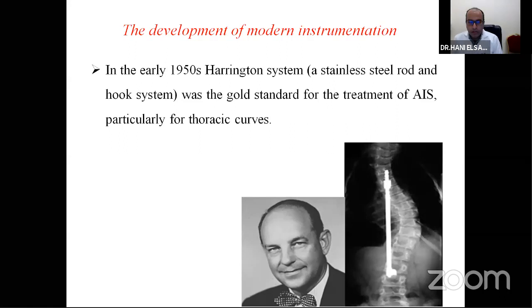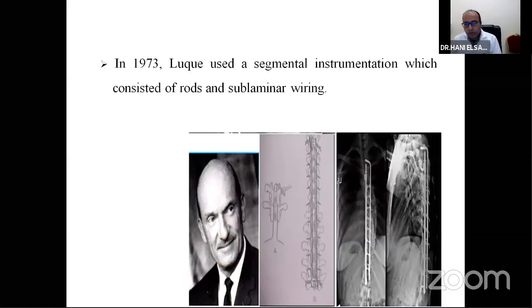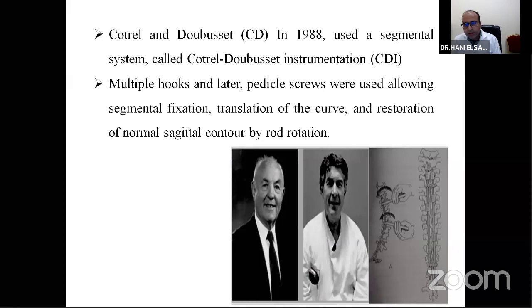In the 1970s, Luque used a segmental instrumentation which consists of rods and sublaminar wiring. Cotrel-Dubousset in 1988 used a segmental system called Cotrel-Dubousset instrumentation, composed of multiple hooks and later pedicle screws, allowing segmental fixation, translation of the curves, and restoration of normal sagittal contour by rod rotation.